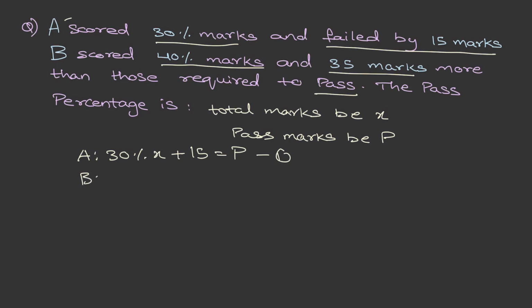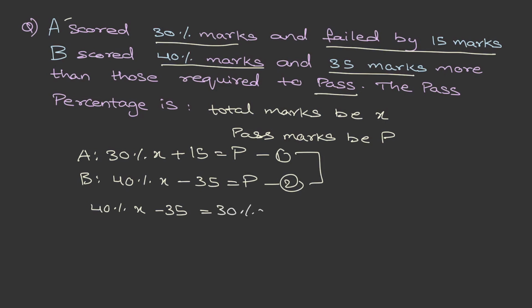And if we see case B, he got 40% marks and 35 more. That is, 40% of X minus 35 gives us pass marks. Let this be equation 2. As both the equations are giving P value, let's equate both, which gives 40% X minus 35 is equals to 30% X plus 15.